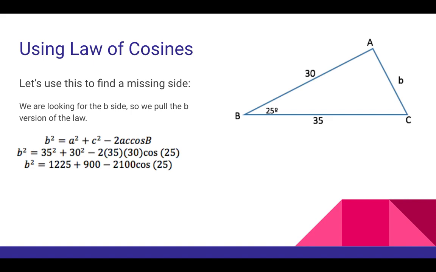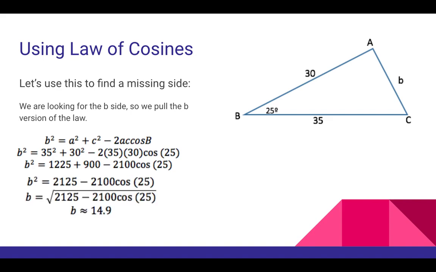I'm just going to grab the b version, and I'm going to plug in everything. Little a is 35, little c is 30. I put in the a and the c. Angle b is 25. So I plugged everything in its place, and then I did a little bit of simplifying. And then here's a little bit more simplifying. And then, of course, to get b, I'm going to have to take a square root.